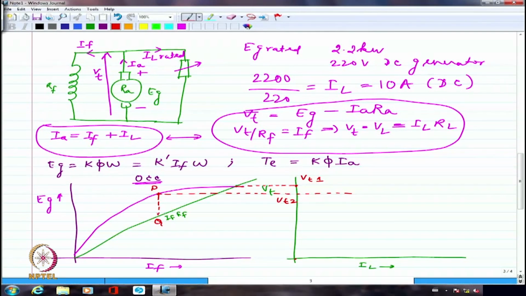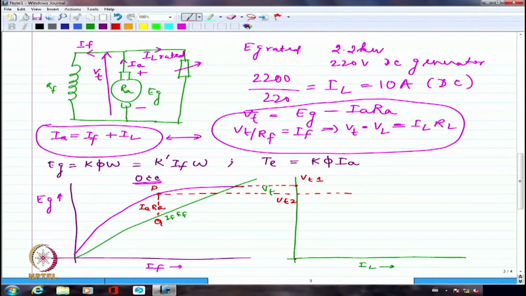Are you getting my point? Because whatever is available, this is basically the margin I have in terms of building up the field current even earlier. So I should say this corresponds to the IA-RA drop. If I assume roughly IA and IL are equal, they are not.